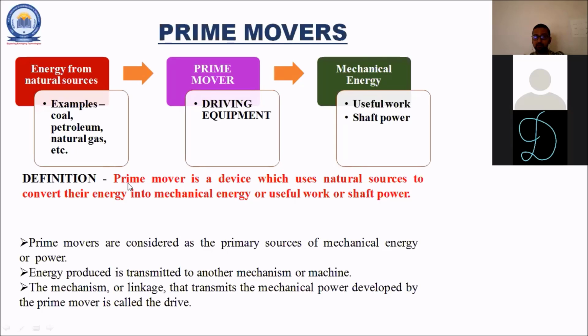Definition of the prime mover: prime mover is a device which uses the natural sources to convert their energy into the mechanical energy or the useful work or the shaft power.